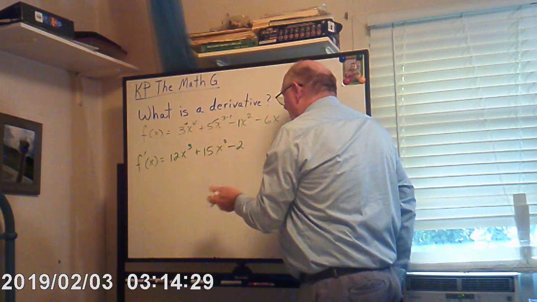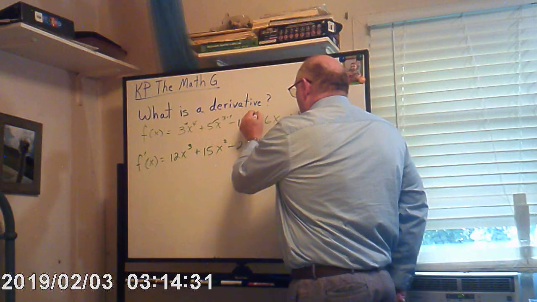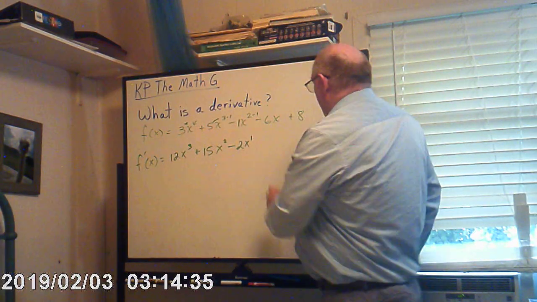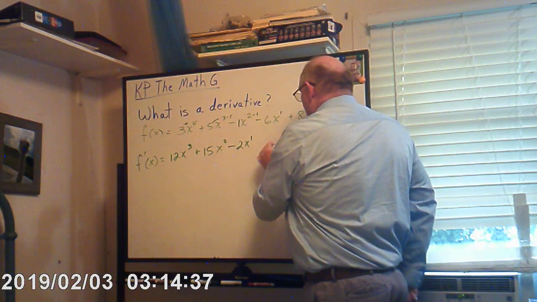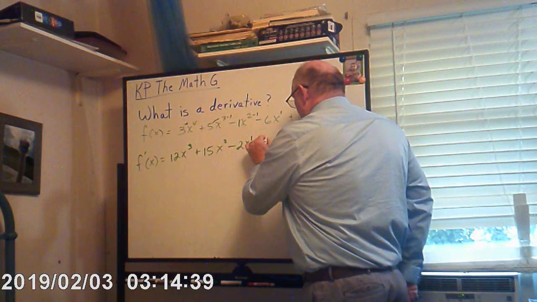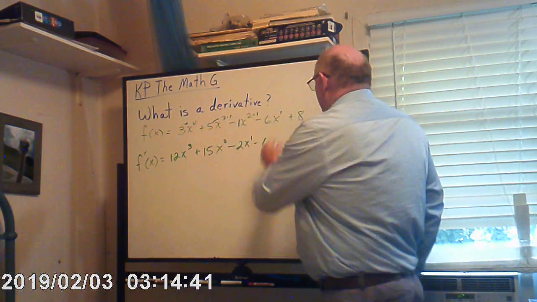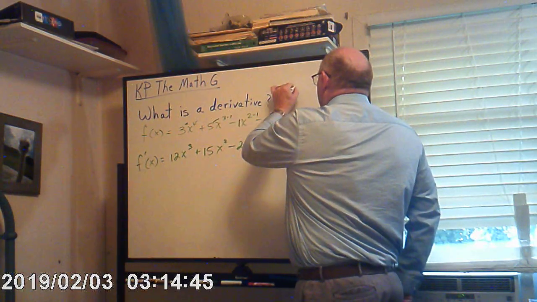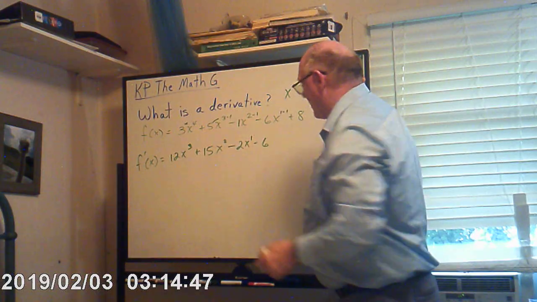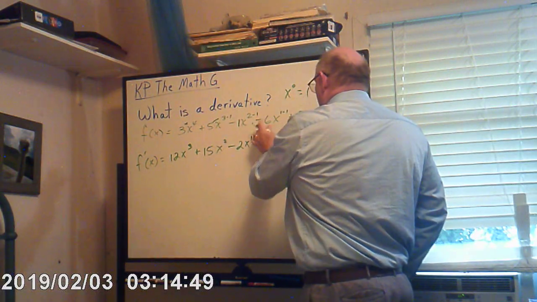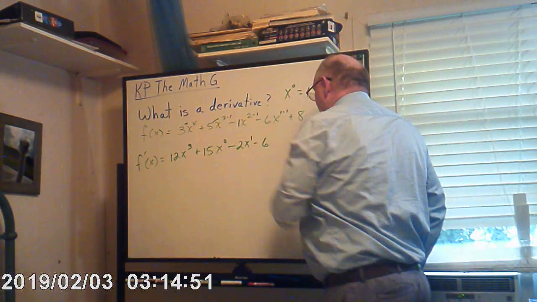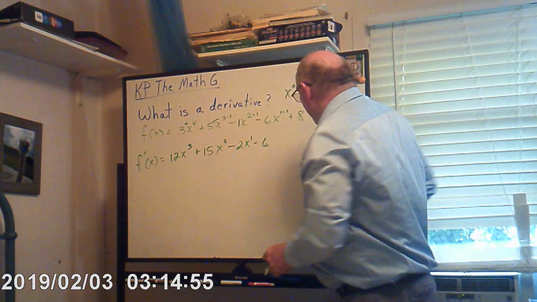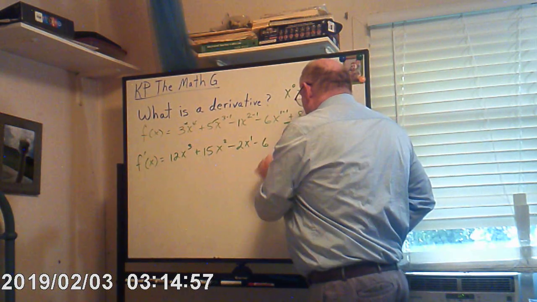Take 1 away, you're down to x to the 1, you get just an x. Then negative 6 times x to the 0, which is 1, is just negative 6. The derivative of a constant is 0.